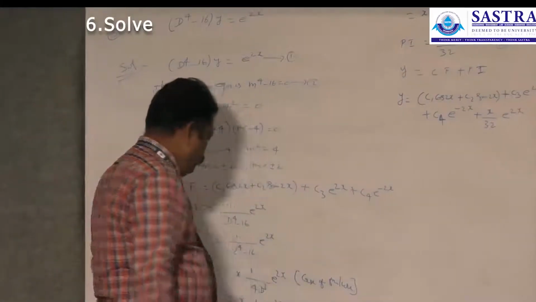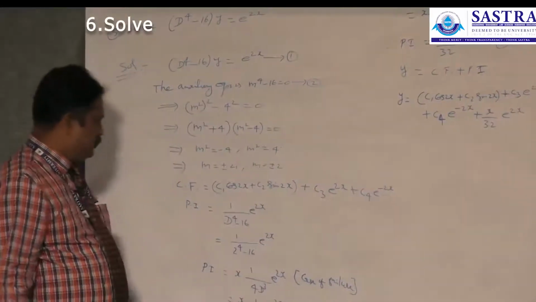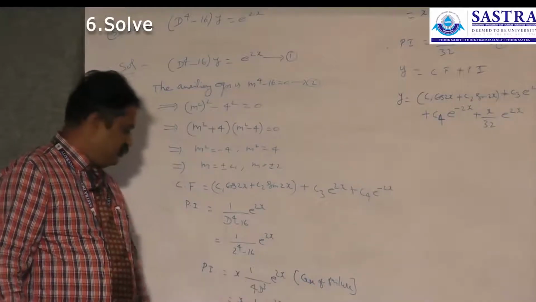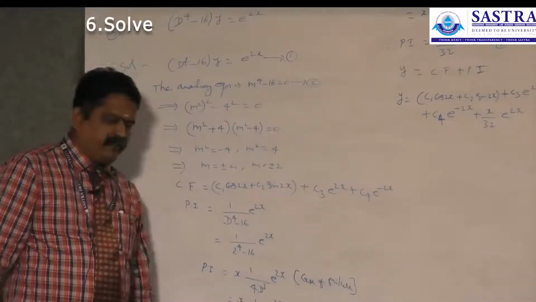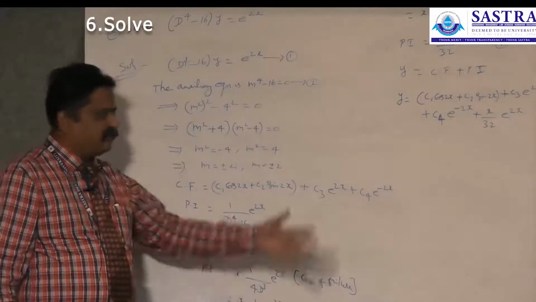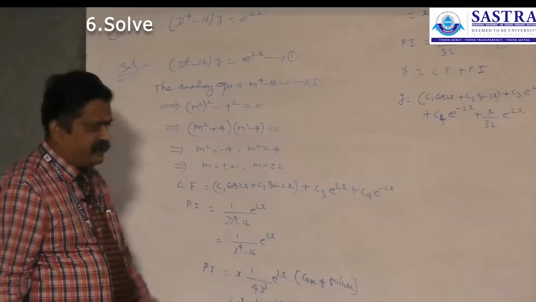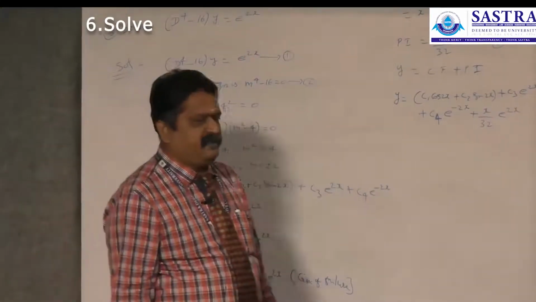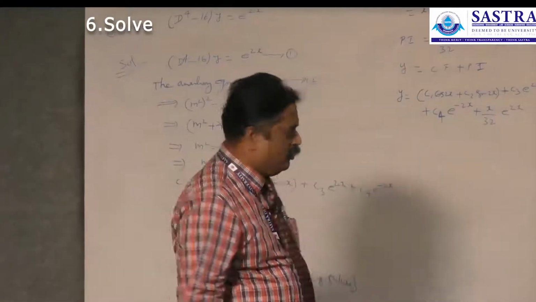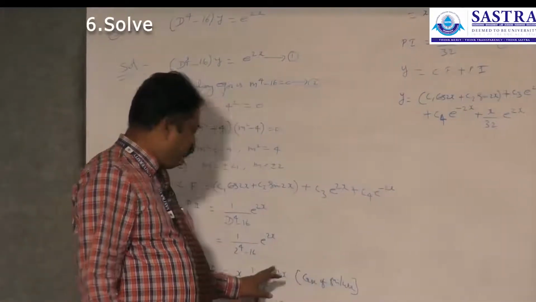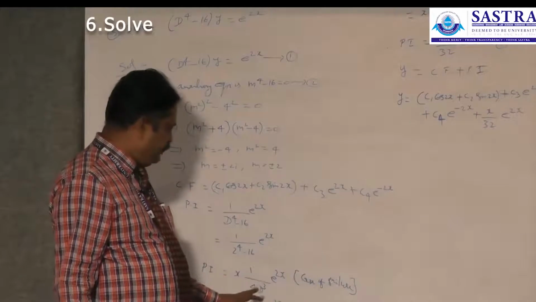Now look at this. 1 by 4D cube e power 2x. So we have just substituted D is equal to 2 and we got the answer. Another method is that we know that 1 by D stands for integration. 1 by D square, we have to perform integration 2 times. 1 by D cube means we have to perform integration 3 times.